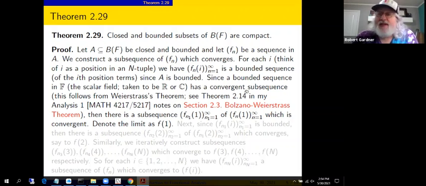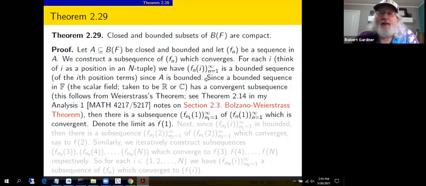And we know that a bounded sequence of reals or complex numbers has a convergent subsequence. This property follows from, say, Weierstrass's theorem, see specifically Theorem 2.14 in some of my analysis 1 notes. There's links in the online notes to those results.